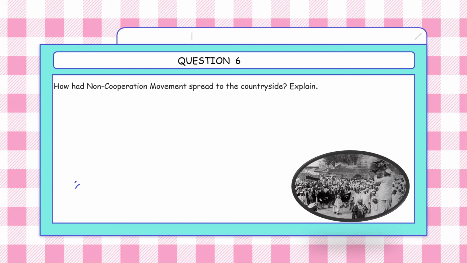Question number 6. How did the non-cooperation movement spread in the countryside? Explain. Children, when you see such a question, please remember that you have to write about Awadh as well as Gudem Hills. It's often seen that children write any one of them. In such a scenario, you will lose marks. So please bear in mind, when you see the word countryside, you have to write about Awadh as well as Gudem Hills.